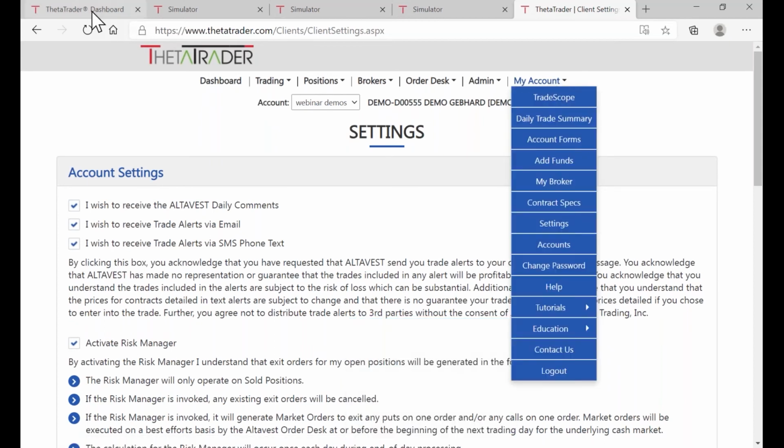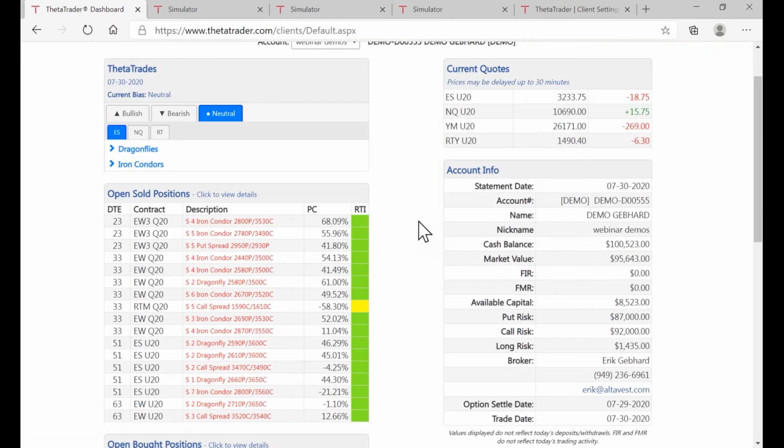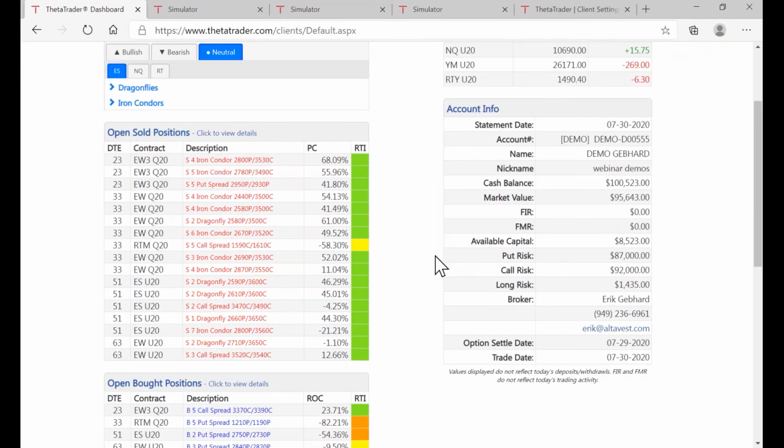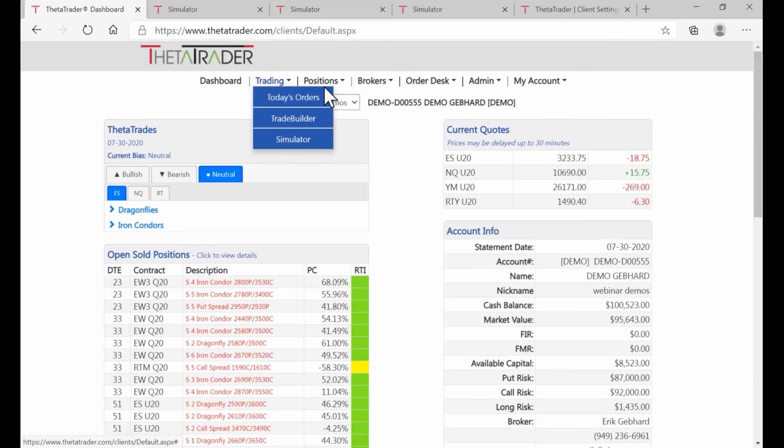And I want to point out, let me jump over here. If you want to know how your current trades are doing, you can look on the dashboard at your open positions, your open bought positions, either way. Or if you want a little more granularity, there's a full page that shows all your open trades, your open positions.